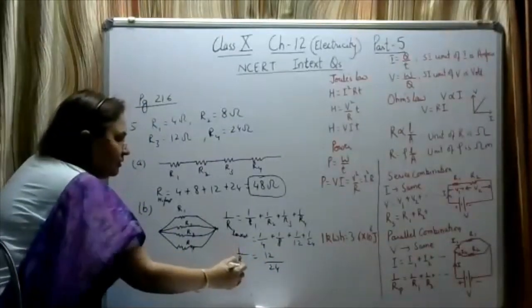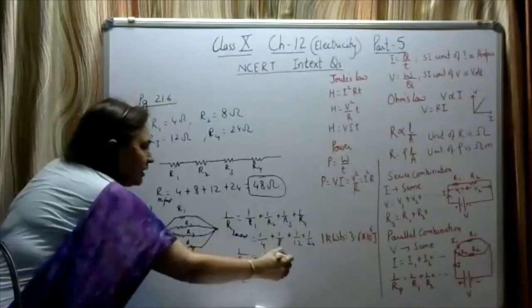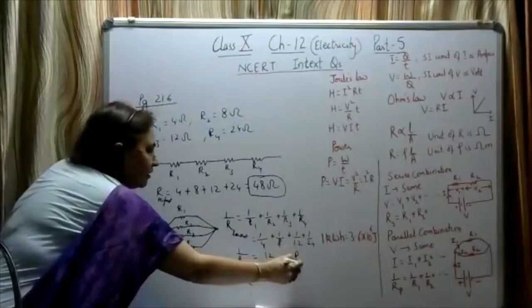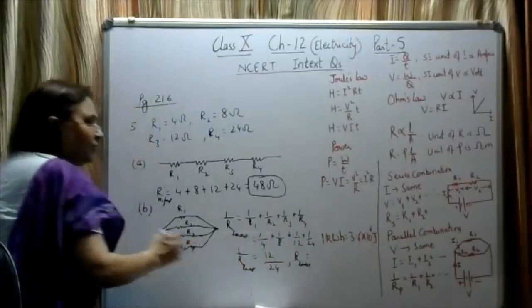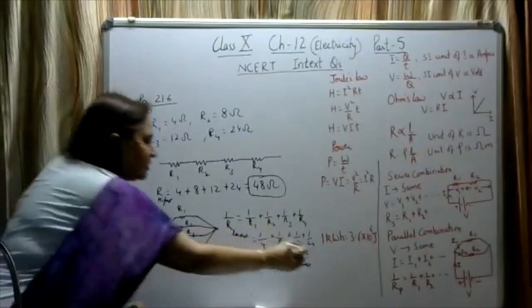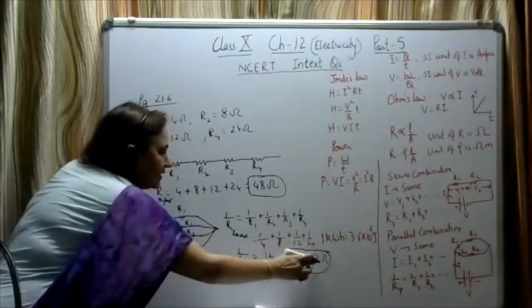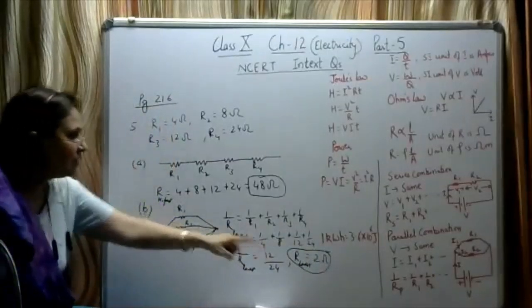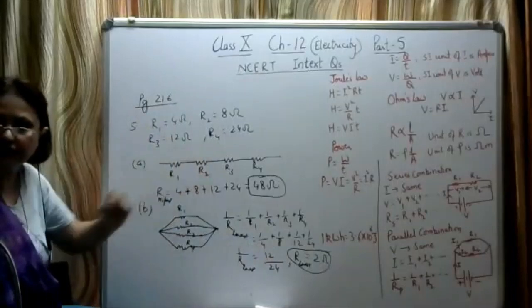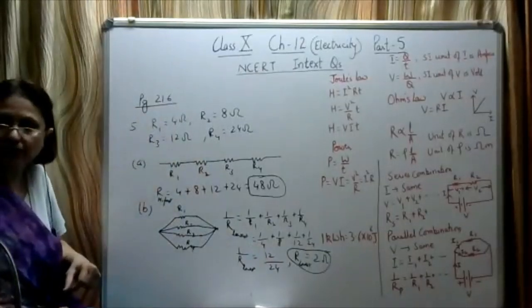So 1 upon the lowest resistance is equal to 12 upon 24, and hence the lowest resistance which we get is 24 upon 12. That is, it is equal to 2 ohms. So when we connect them in parallel, we get the lowest resistance, and that lowest resistance is equal to 2 ohms. Highest resistance when we connect them in series. Okay, and the highest resistance is equal to 48 ohms.